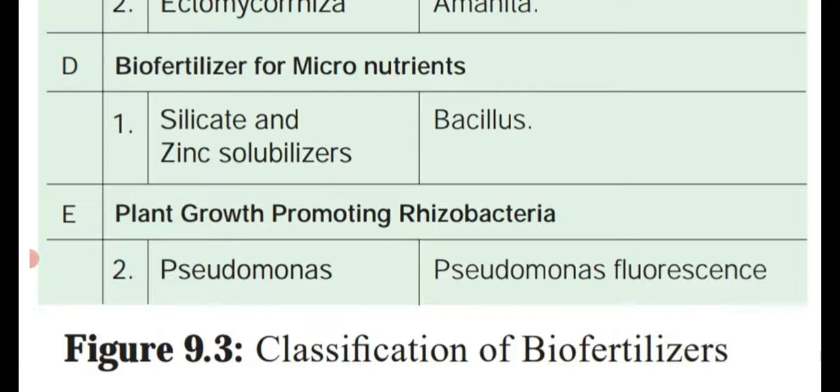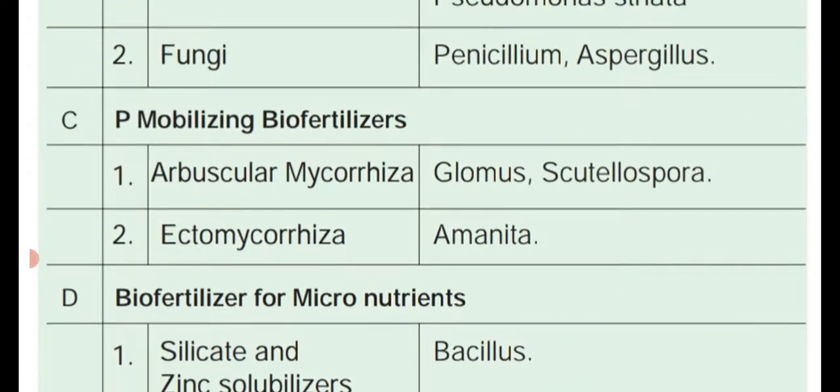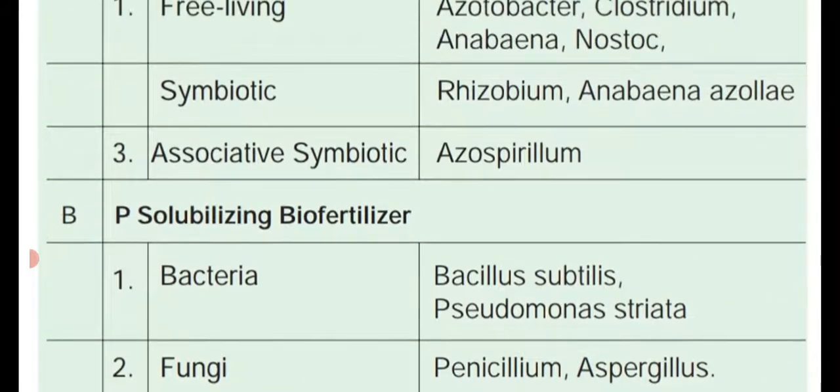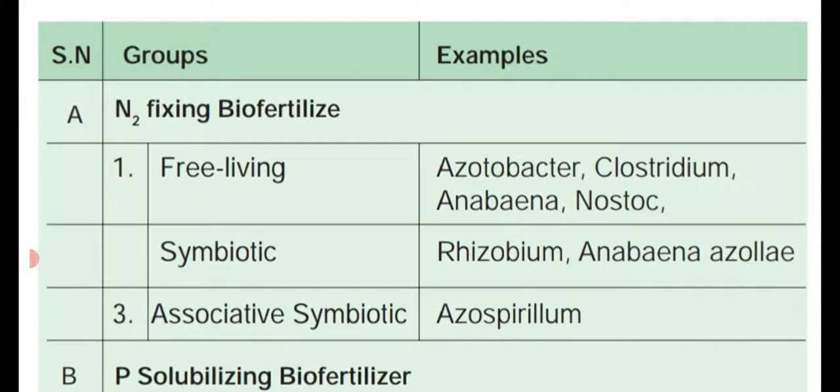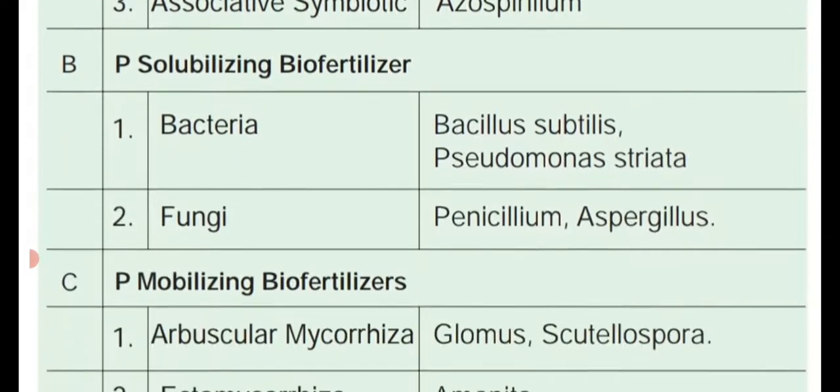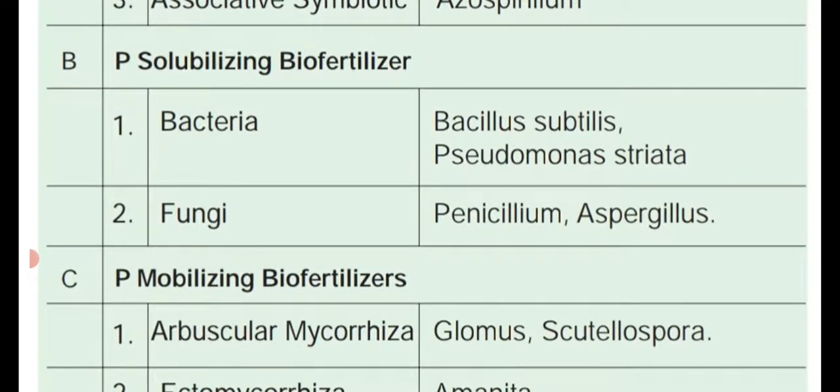Example, silicate and zinc solubilizer by Bacillus bacteria. Then plant growth promoting rhizobacteria, that is Pseudomonas fluorescens. So these are all the different types of biofertilizer produced from microorganisms, that means latent cells of microorganisms or living cells.